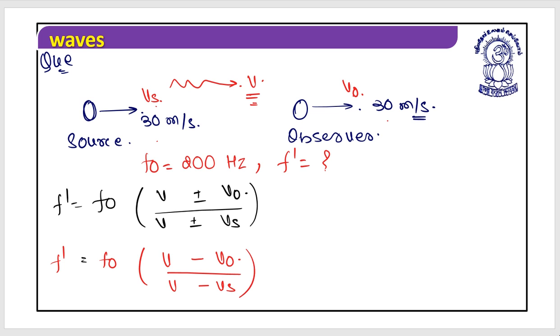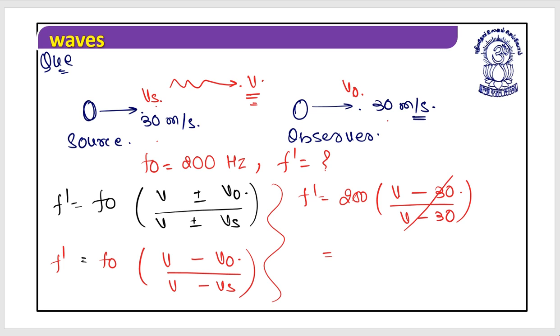Putting in the data, f naught is 200, so f dash equals 200 times (v minus 30) divided by (v minus 30). As this cancels, f dash equals 200 hertz. So the original frequency is the same frequency.